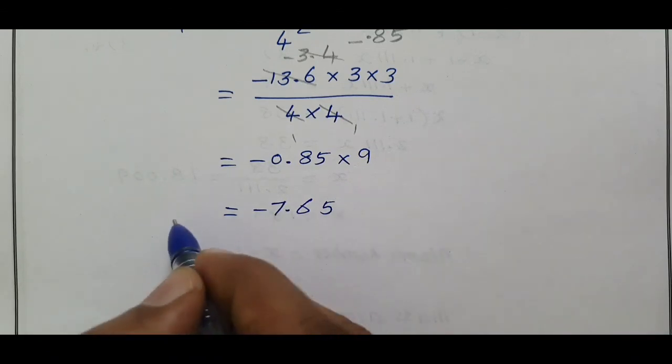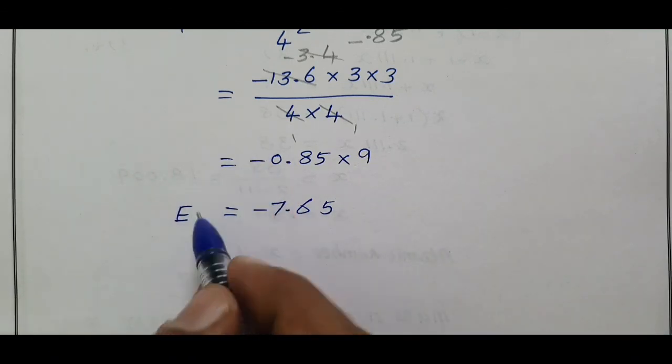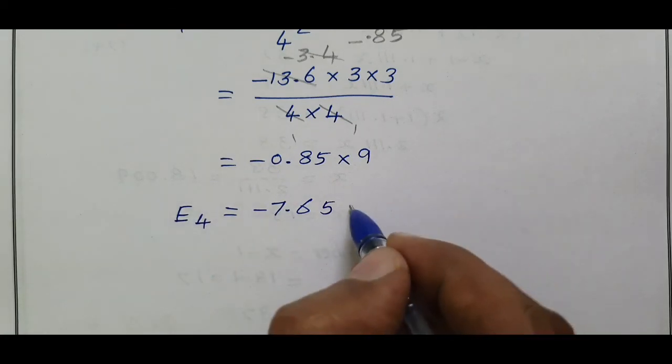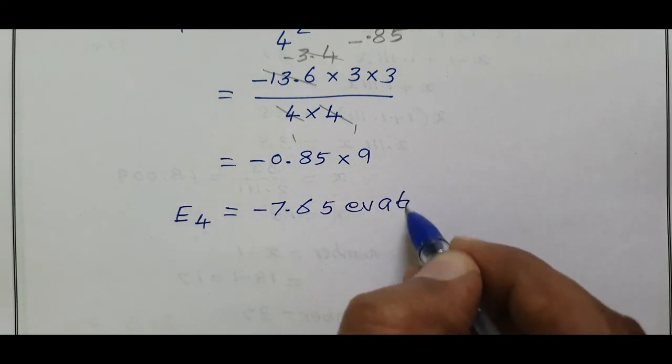So this is the energy of the electron in the fourth orbit, in electron volt per atom.